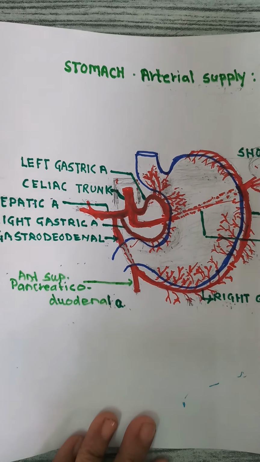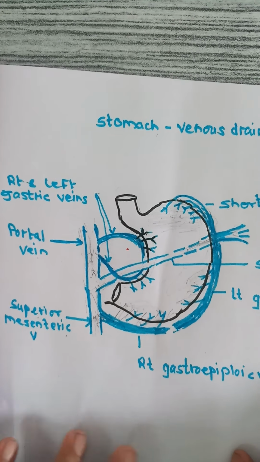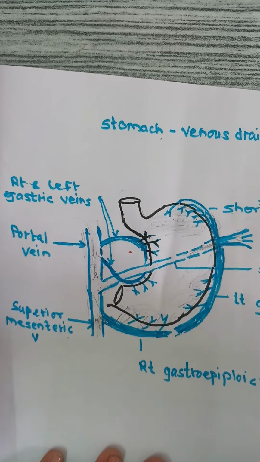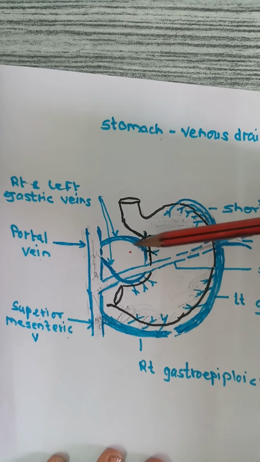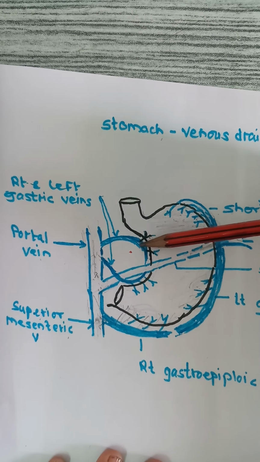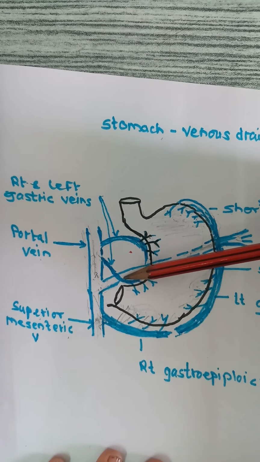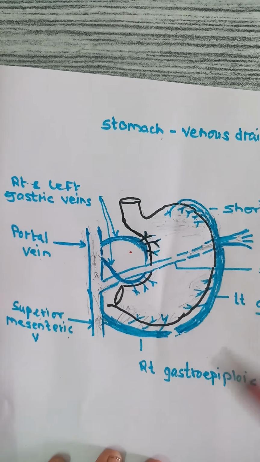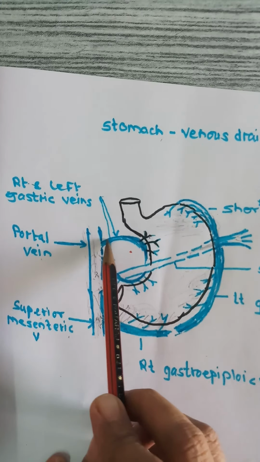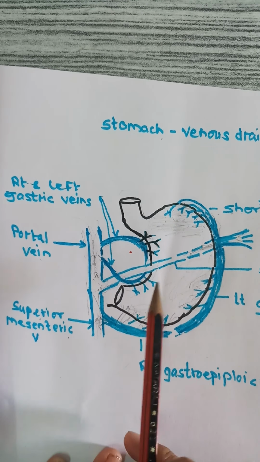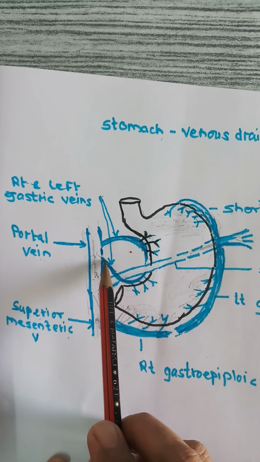Now we will come to the venous drainage. Venous drainage is very easy. Now see, here there was a left gastric artery, here there was a right gastric artery. The veins have the same names, left gastric vein and right gastric vein.